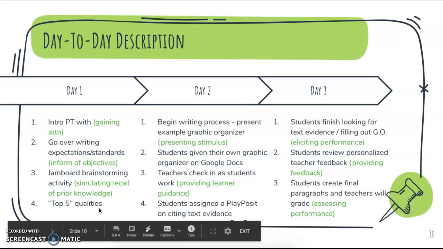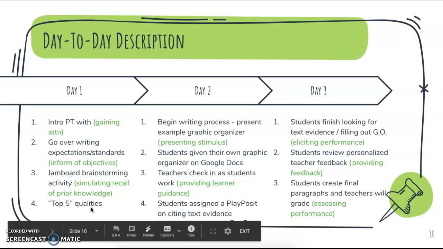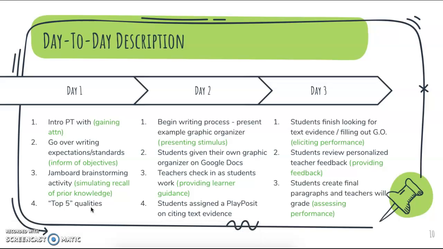And we are going to come up with a top 5 list of qualities that people and animals share, because that's the topic for our performance task, as a class, so that the students have the list of 5 qualities in front of them, and they can choose 2 of them to discuss in their paper, and they don't have to go through the brainstorming process alone.